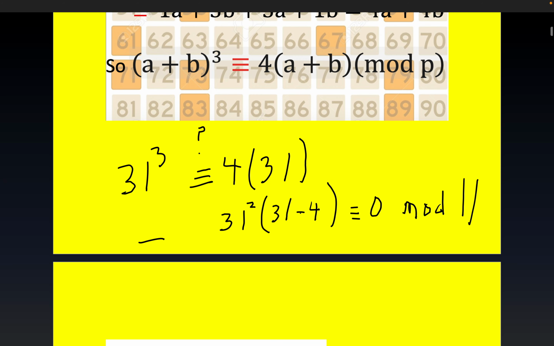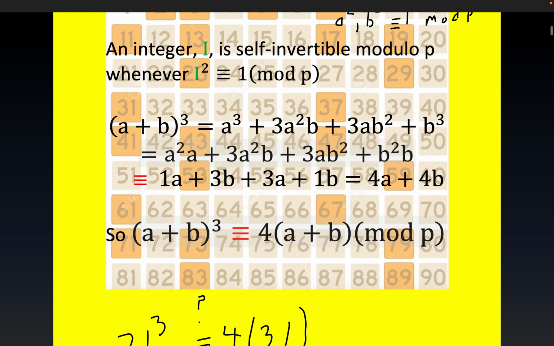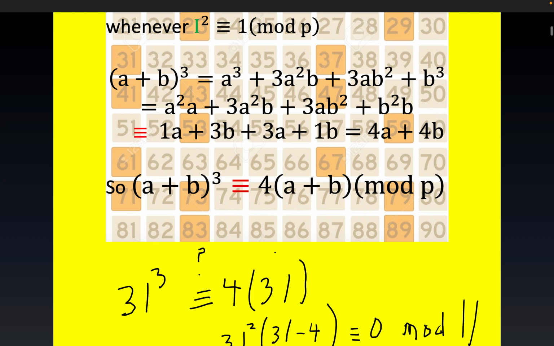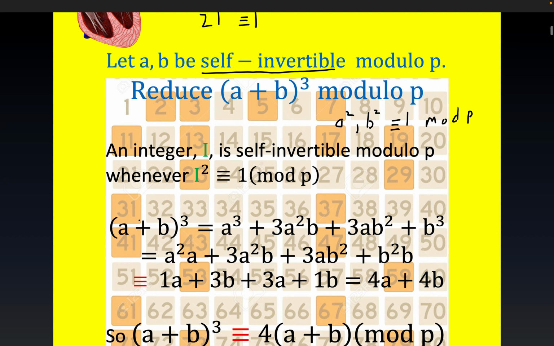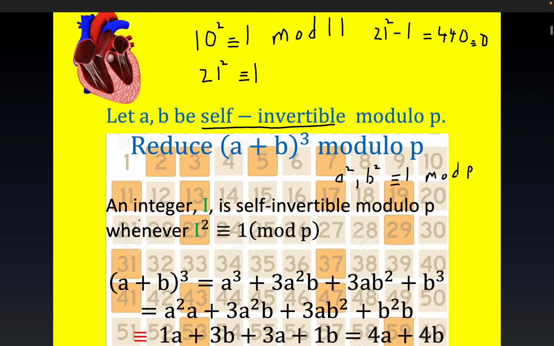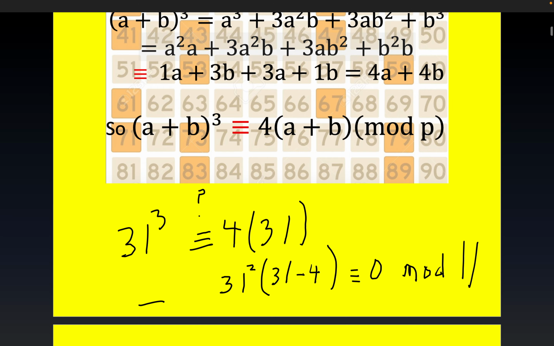But this didn't prove anything right here for the special case. This is certainly true, but I haven't really shown it to you. Let's see here for this special case. We're doing A equals 10 and B equals 21, and so this would be 31 cubed is congruent to 4 times 31.